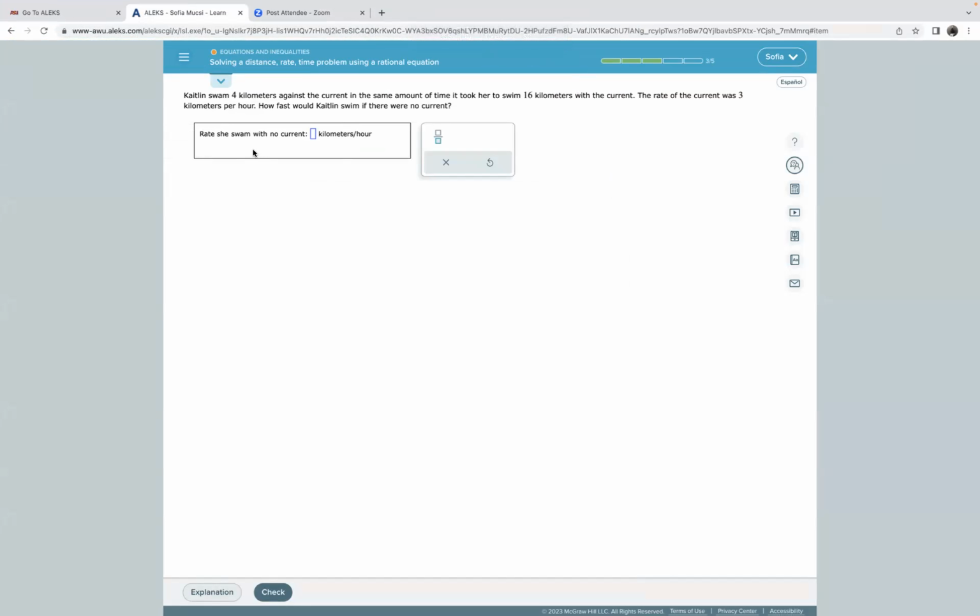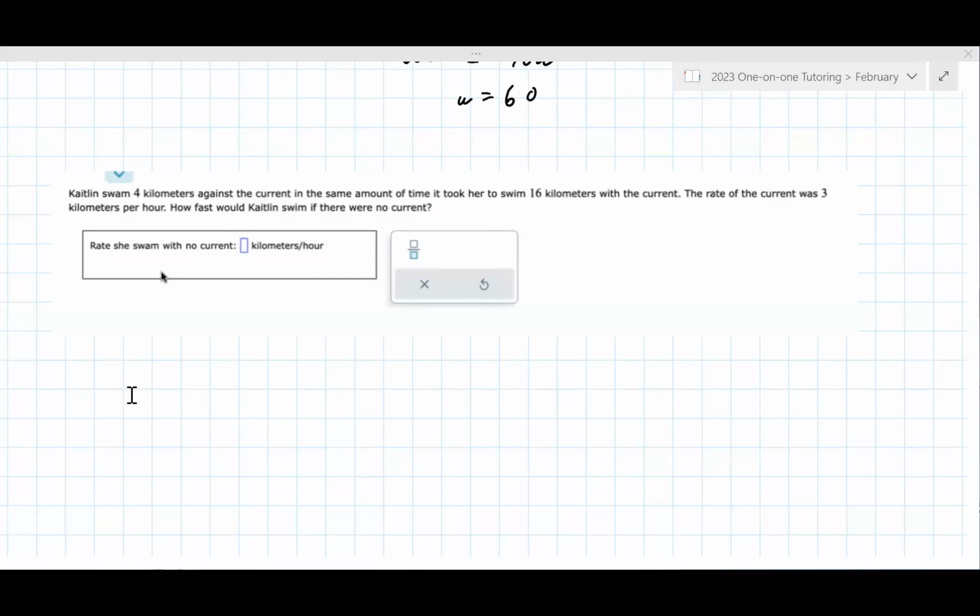So now we're trying to find the rate swam with no current. This one's slightly different. It's still doable. It's the same setup, but it looks different at first glance. There's with the current and then against, and then there's the distance, the rate, and the time.